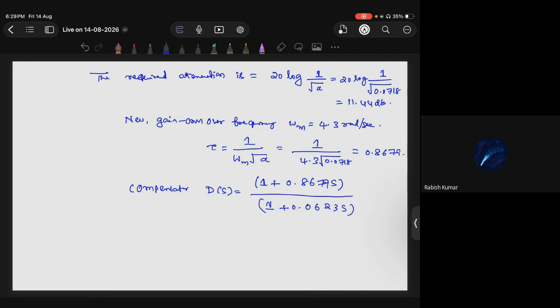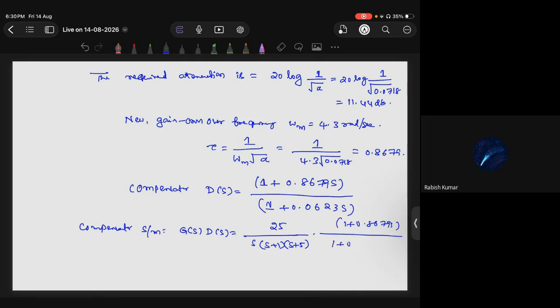Finally your compensated system is G of S D of S, which is 25 by s multiplied by (s plus 1)(s plus 5), times (1 plus 0.8679 s) divided by (1 plus 0.0623 s). This is the system. In this system you'll get a phase margin of minimum 40 degrees.